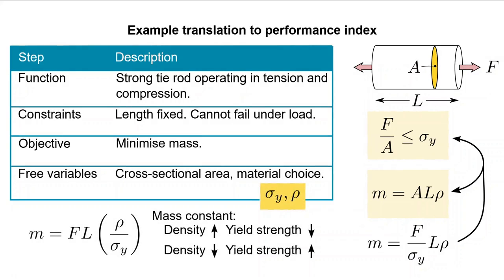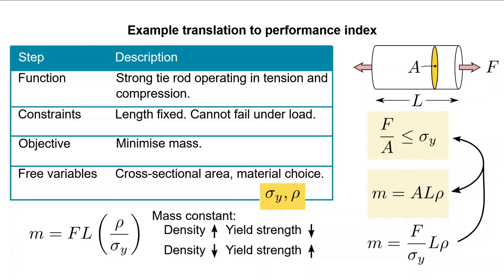Therefore, the material choice will be bound by a selection of material on the basis of yield stress and density. Separating our constrained objective expressions such that geometry and loading are separated from material properties, it can be seen that if we want to keep a constant mass, then as the density increases, then the yield strength can decrease. And if we want the density to decrease, then we need to increase the yield strength.